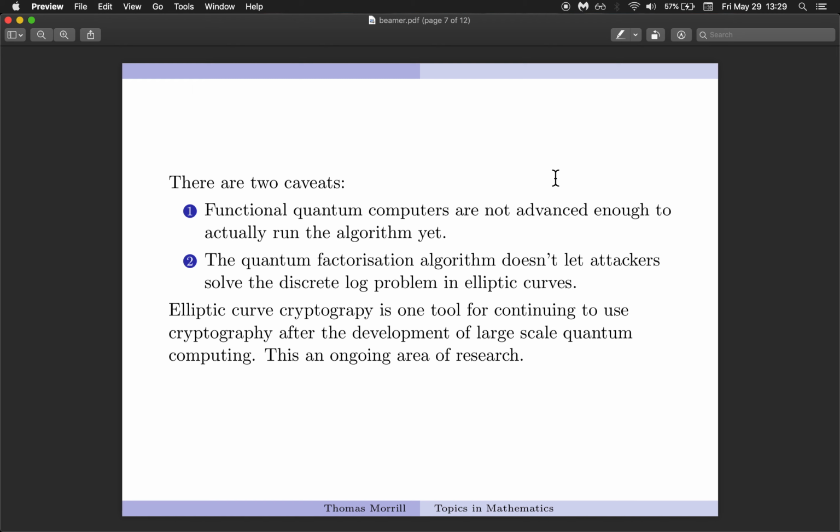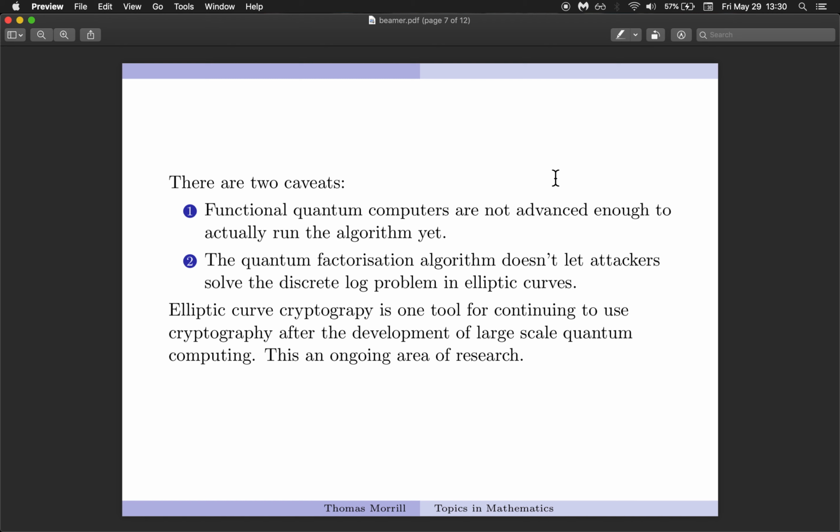This algorithm does not let attackers solve the discrete logarithm problem in other kinds of groups, particularly in the elliptic curve groups that we have been building up in the past couple weeks. So one of the reasons I wanted to make sure that we get exposure to elliptic curves in this class is that elliptic curve cryptography is considered to be one of the major avenues for developing quantum safe cryptography, right?